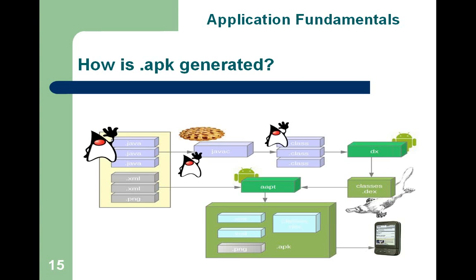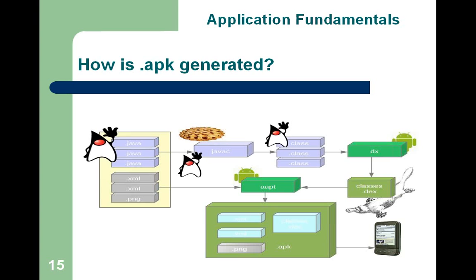When we start application development, we have got Java source files and we have got our non-code resources. The Java source file passes through a Java compiler and gives us .class files as output, the standard Java application development process. Then these .class files are given as input to the DX tool, which gives us .dex files.